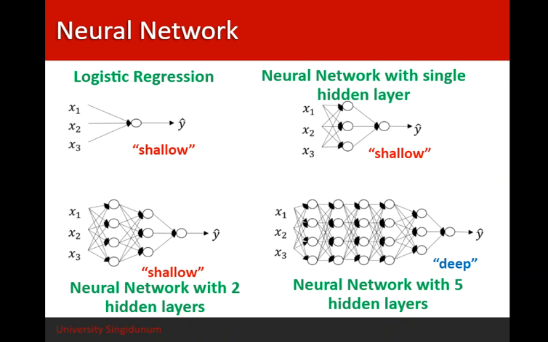So you have 3 input features, then one hidden layer with 3 nodes or neurons, and you have the output, and you will see the value of y hat. Then the third one, at the bottom left, is a neural network with 2 hidden layers, and it is still considered a shallow neural network. And finally, on the bottom right you have a neural network with 5 hidden layers, and it is considered a deep neural network.